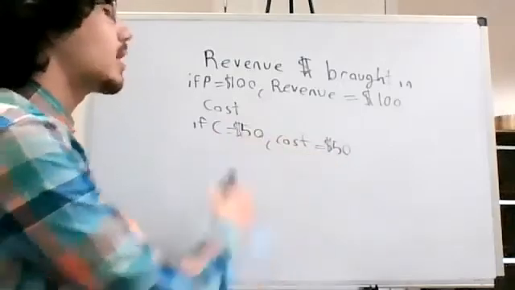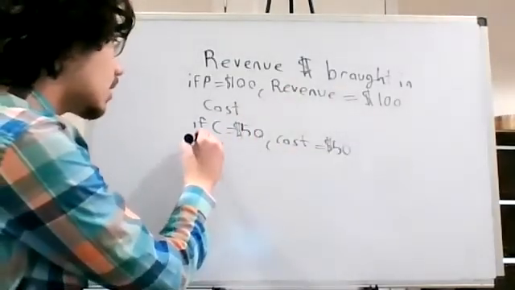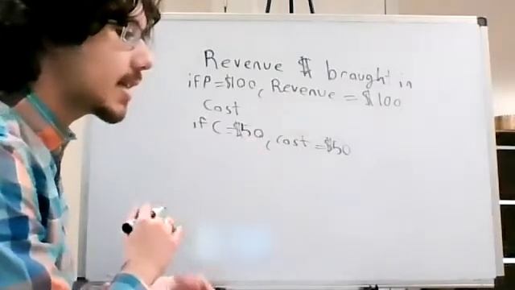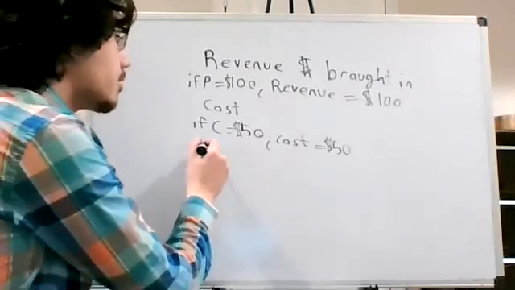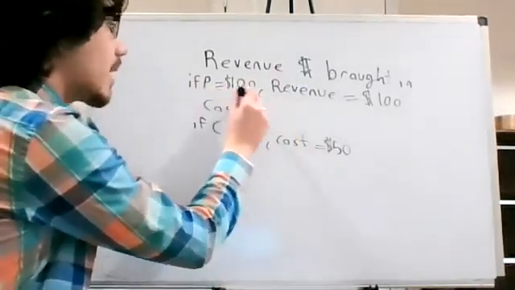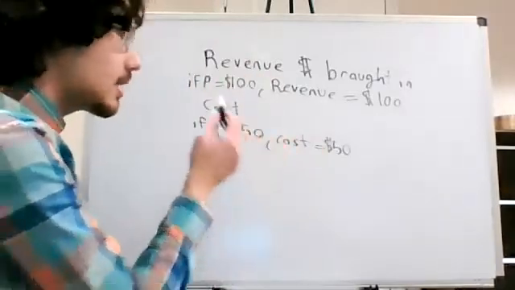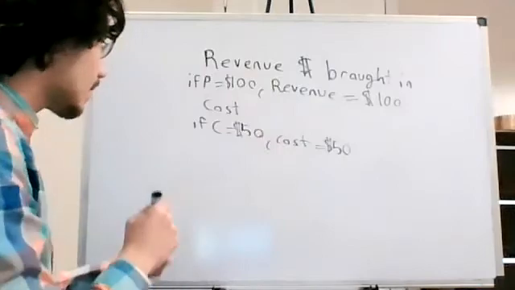So cost can be a bunch of different other complicated things, but the idea is the cost is just how much it takes to make something. So this is how much money you spend on getting the marker, and this is how much money you spend on selling them.